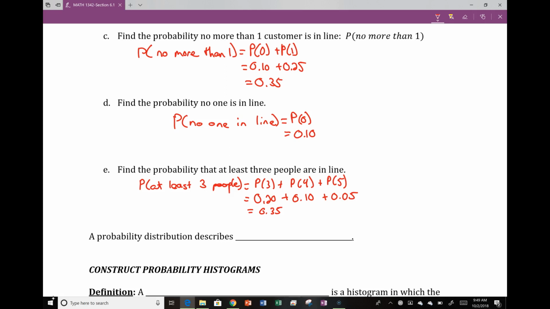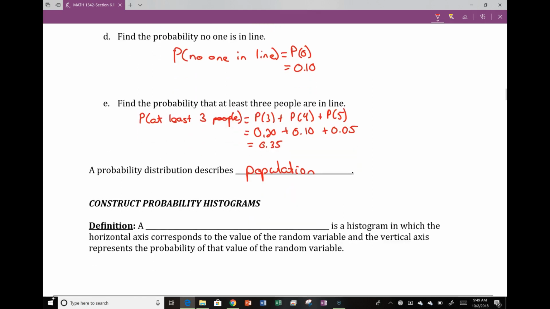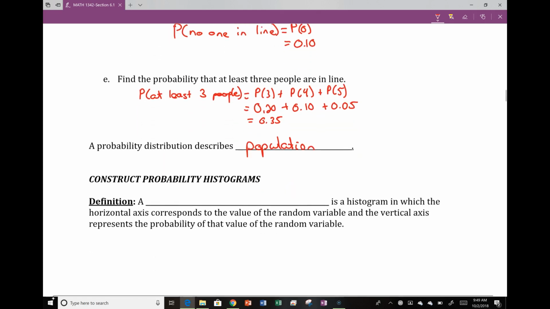A probability distribution actually describes the population, because we have to look at it as a whole. It can't just be the sample or anything. So when we're looking at probability distributions, we also want to look at probability histograms.